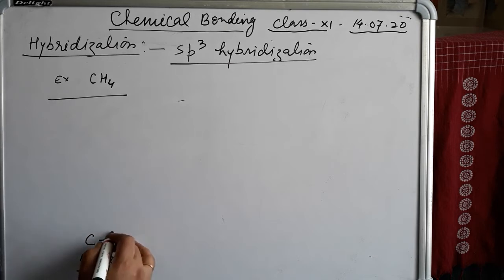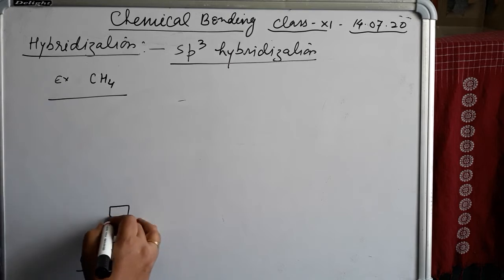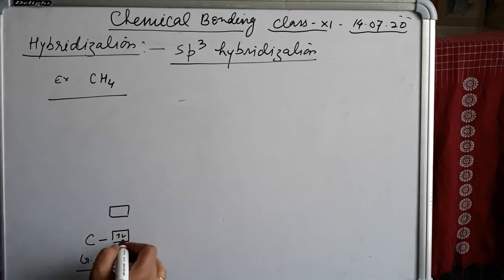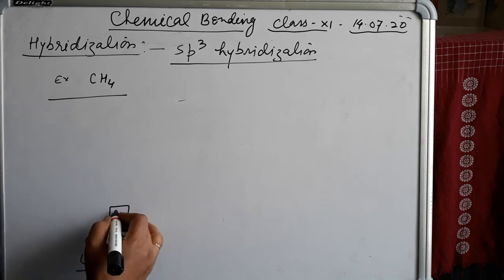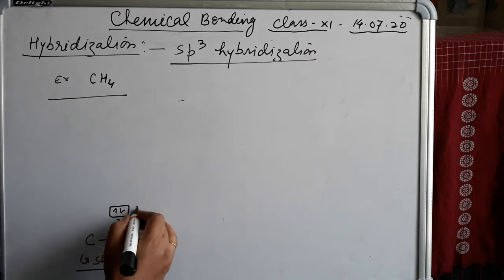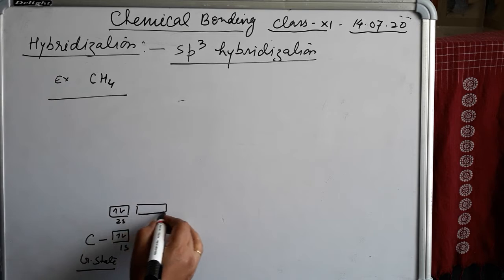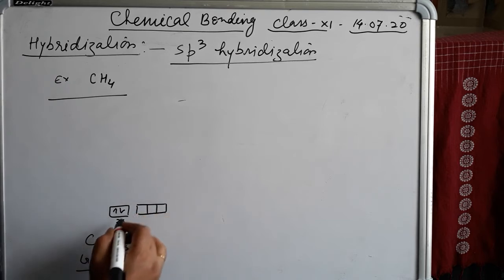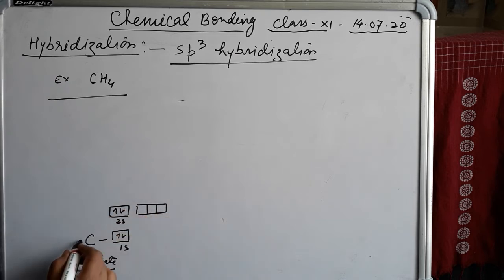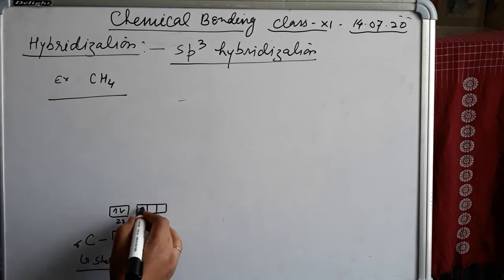So students, at first write down the configuration: 1s2. The energy of the 2p orbital is greater than 1s, so we write in increasing order: 1s2, 2s2, and the second shell contains the p orbital, so 1s2, 2s2 and 2p2.